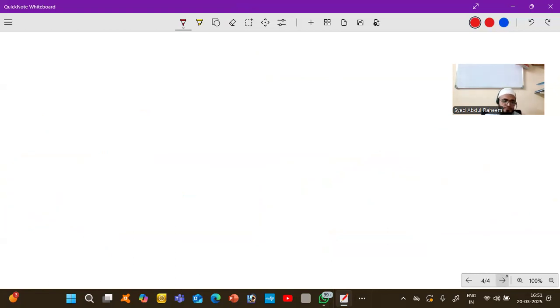According to power, which rays are dangerous to non-dangerous? Alpha rays are very, very dangerous; they will even damage the DNA of the body.